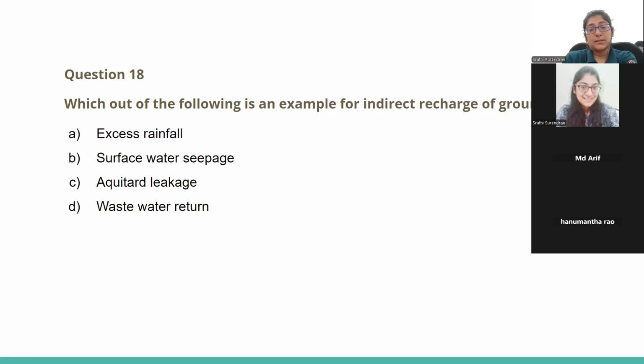Next, which of the following is an example for indirect recharge of groundwater? We have gone through this portion in the earlier slides.